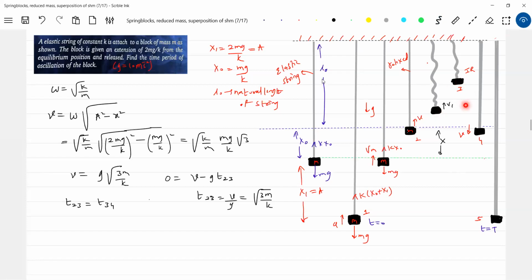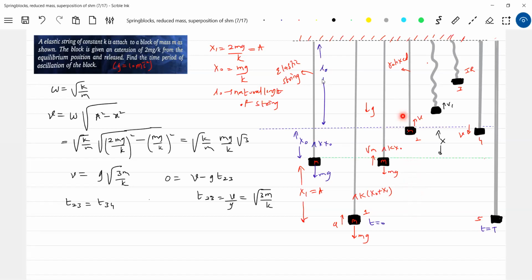Okay, this time is over. Now, how to calculate this time? What is the time taken to move from the mean to A by 2? We know this is half of the time period.